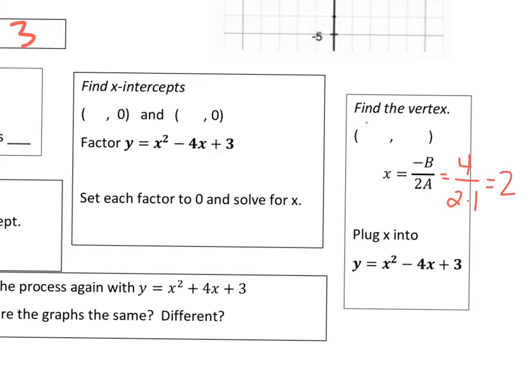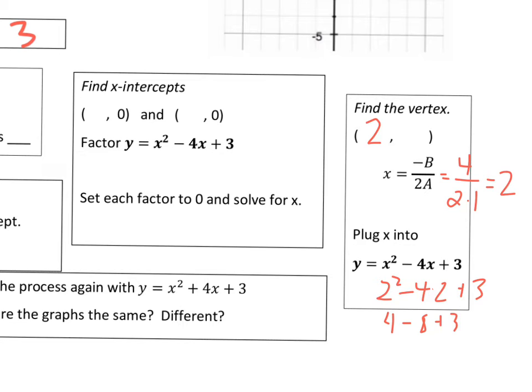So we know the x value is 2. We just need to find the y value, so we plug into the equation. If you have the factored form, you can use that too, but I meant to put in 2 there. Then do our math: 2 squared is 4, 4 minus 4 times 2 is -8, plus 3.